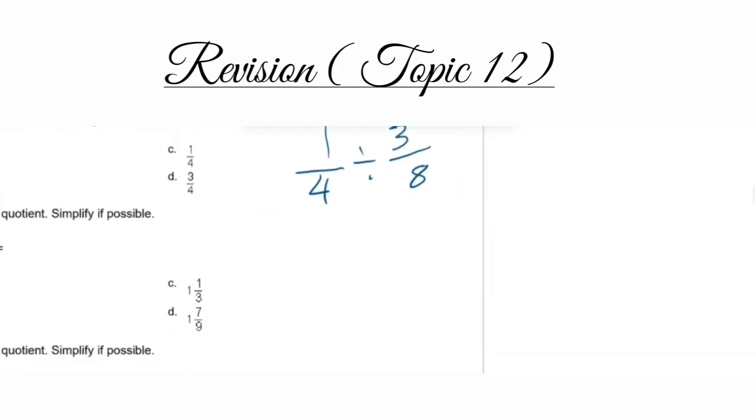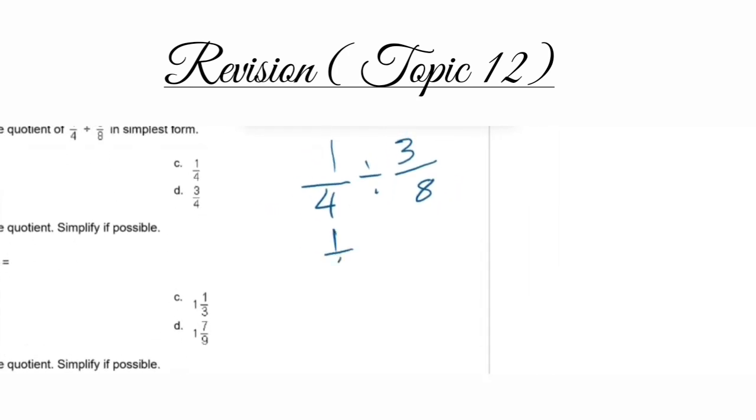That will be easier. 1/4 multiplied by the reciprocal, which is 8/3. Simplify. 8 divided by 4 is 2. 4 divided by 4 is 1. And multiplying 1 by 2 is 2. And 1 by 3 is 3. So the answer is 2/3.